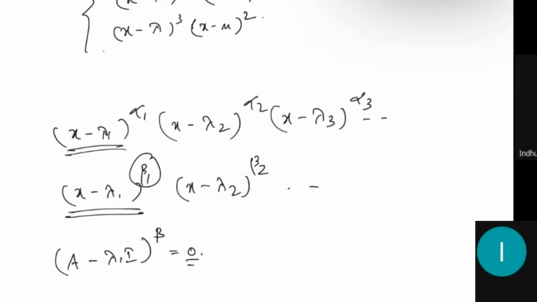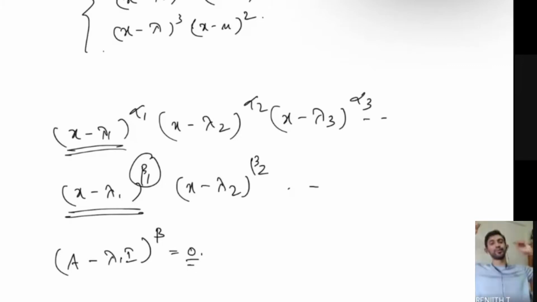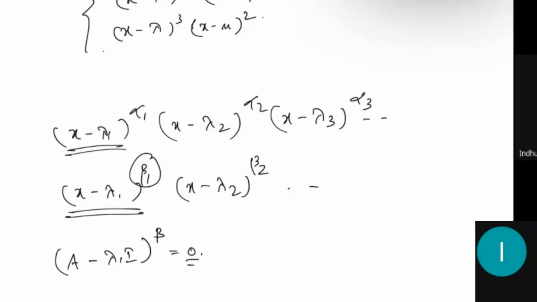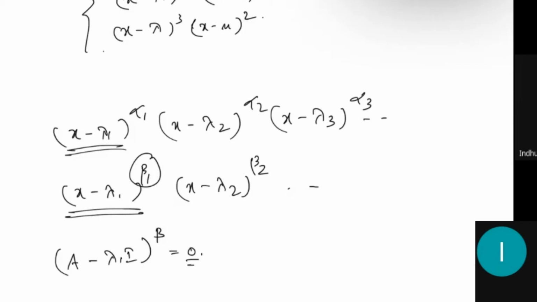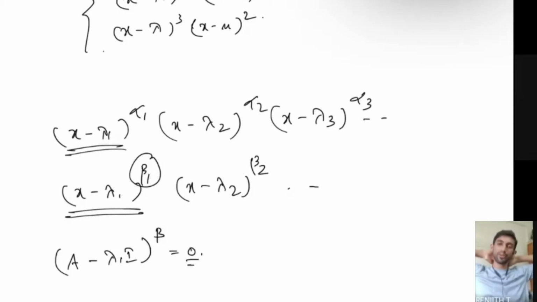Sir, is there any shortcut from the characteristic polynomial to the minimal polynomial? I didn't get the question. Sir, how to find the minimal polynomial in a large matrix? You can't find it directly.